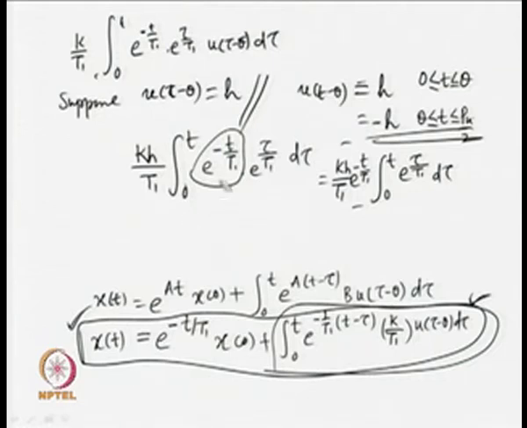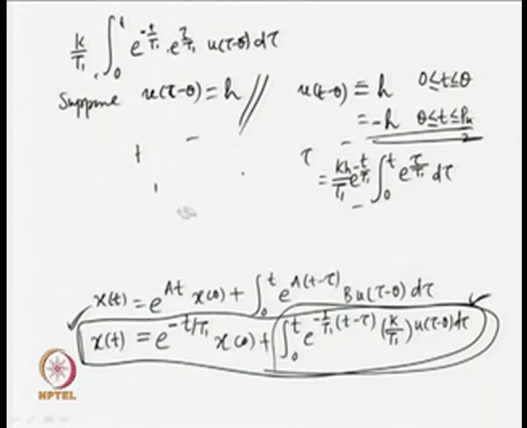This is equal to kh upon T1 e to the power minus t upon T1, then into 1 upon T1.